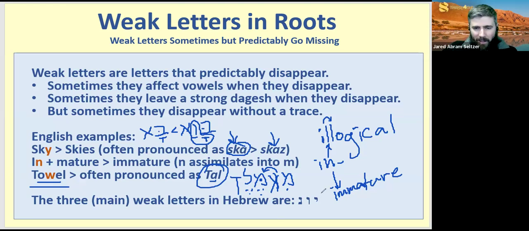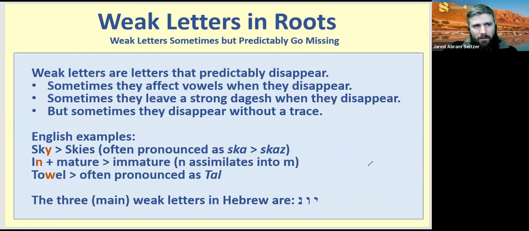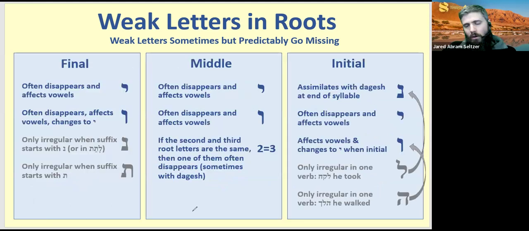The 3 main weak letters in Hebrew are yod, vav, and nun. Those are the 3 most problematic letters. Are there other weak letters? Sure. But they occur so infrequently that you really don't need to spend a lot of time on them, and we're not going to spend much time on them right now.